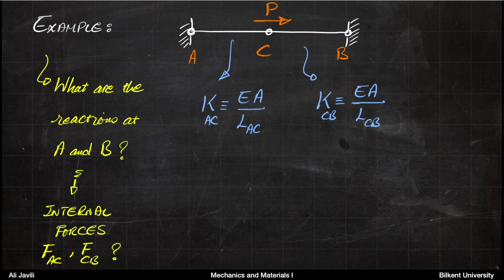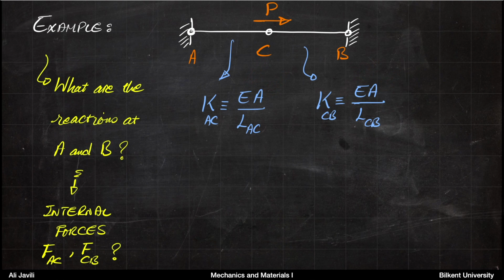And then again, you can imagine there is an effective stiffness here, KAC for member AC, and an effective stiffness here, KCB for the right member. If you want to calculate that, for KAC it's EA divided by LAC, and EA divided by LCB, or LBC, for KCB. And this is assuming that E and A are equal for left and right.